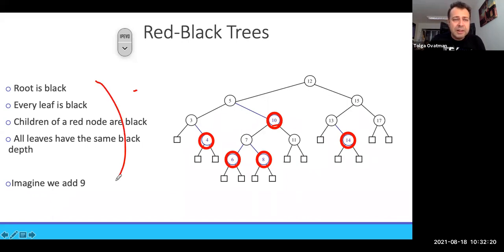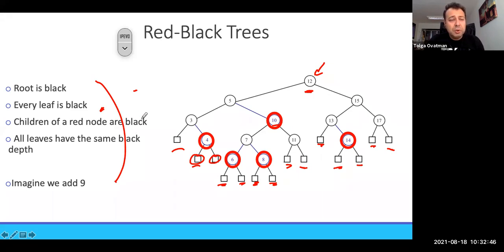And the rules are here. The root is always black, and the leaves are black. So these are the leaves, the external nodes, so they are null nodes actually. So the leaves are always black. And in the inner nodes, there are two rules when you are making a node red.